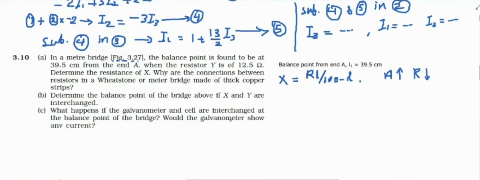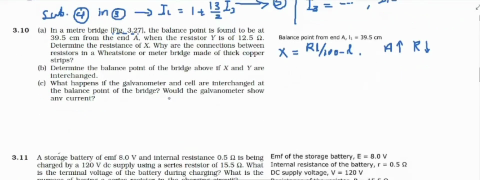Then determine the balance point if X and Y are interchanged. If you take the meter bridge, the diagram should be in your mind. Here we have the meter bridge wire, 100 centimeter long.